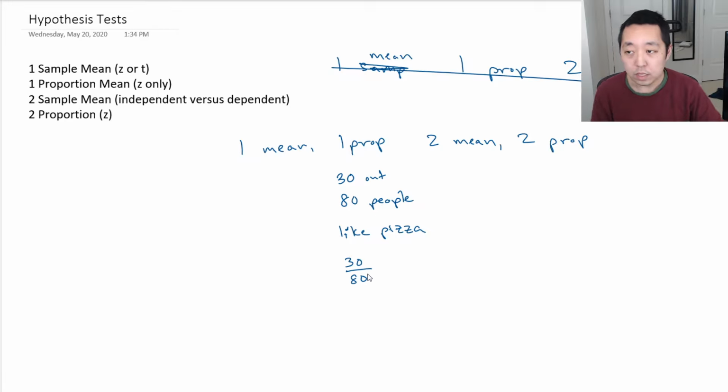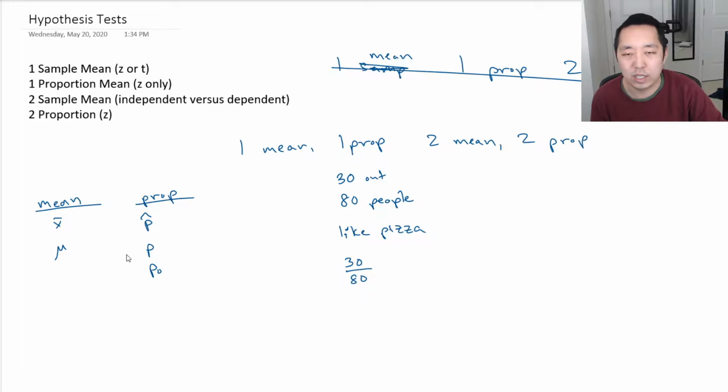When you talk about means, the statistics or variables you use are x bar and mu, and when you're doing proportions, they look like p hat or p. Sometimes you'll see p0. It just depends on what you're talking about, but that's the general idea of the difference between the variables for means and proportions.